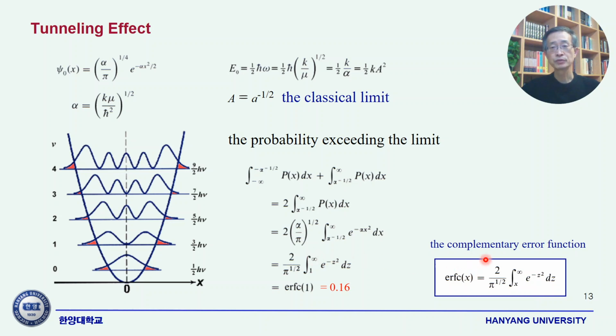This value could be obtained from a table or a computer-aided system, Mathematica, or I prefer you to use Python coding, and then you obtain this value, which is 0.16. So 16% is the tunneling probability.